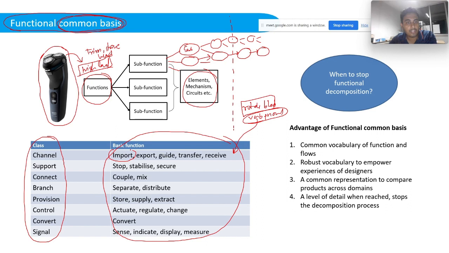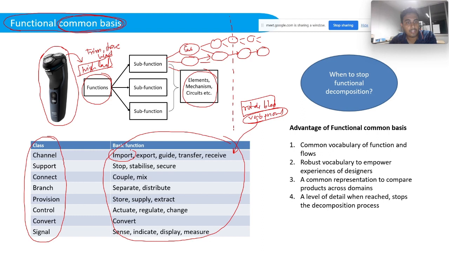Second thing is, when we use this sort of vocabulary, it actually makes sense in terms of functional breakdown. So this is a robust vocabulary that empowers experience of designers. That means sometimes whenever a designer tries to define something, he may use his own vocabulary which is not common to someone else.